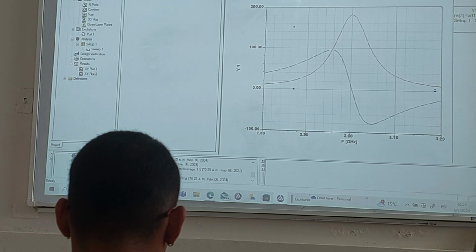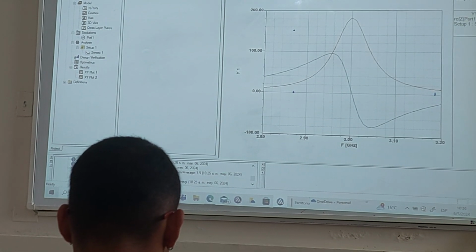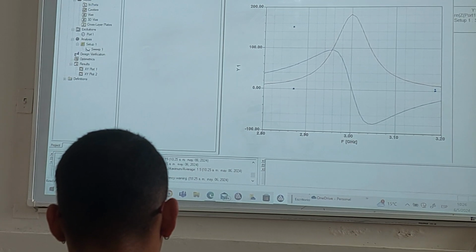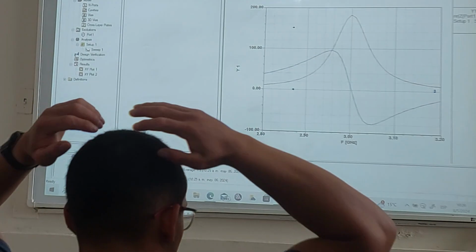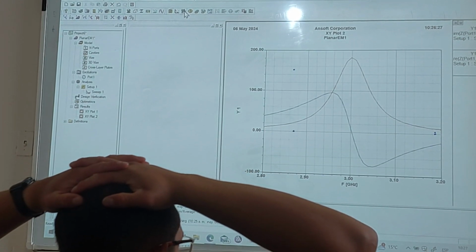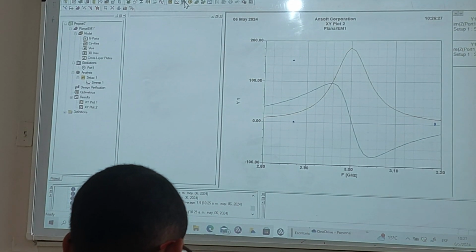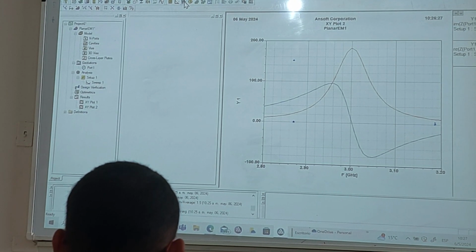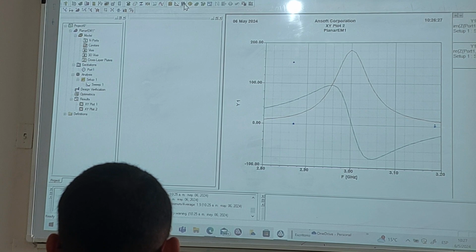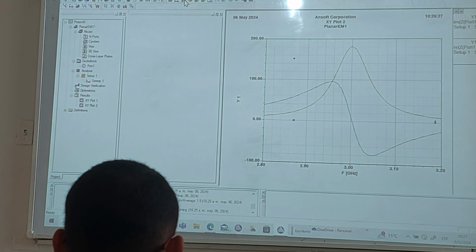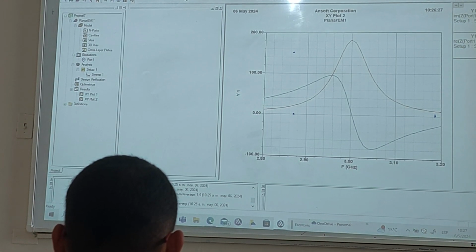If we add another 13.5 millimeters, we are in the real part, but in this point. If we add another 13.5 millimeters, we will stay once again in this point because you know the impedance is repeated each half wavelength. Okay?